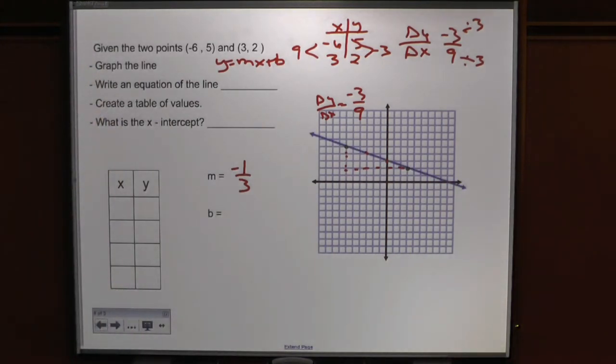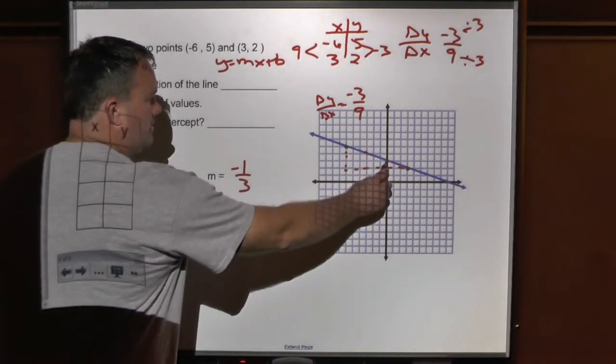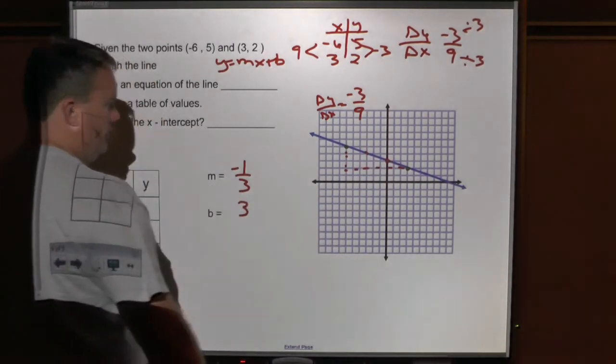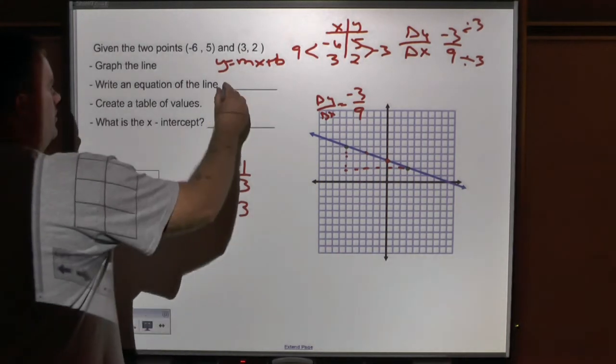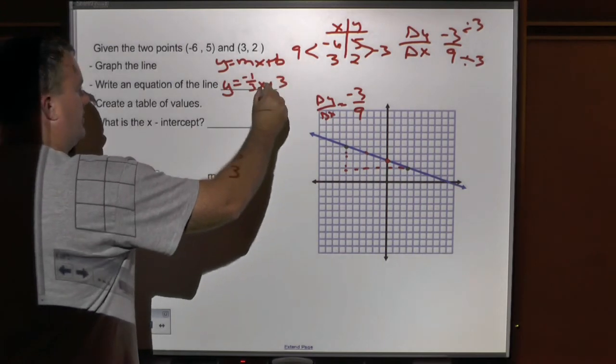So, from here, we've gotten our slope. The nice thing about what we have now is, given that line, you can write your y-intercept. Where the line crosses the y-axis, right there at 0, 3. All right? So, from there, we can write the equation of the line. Y equals -1/3 x plus 3.